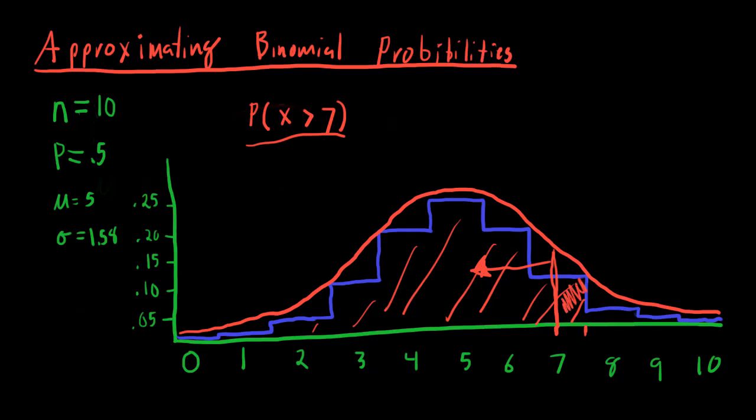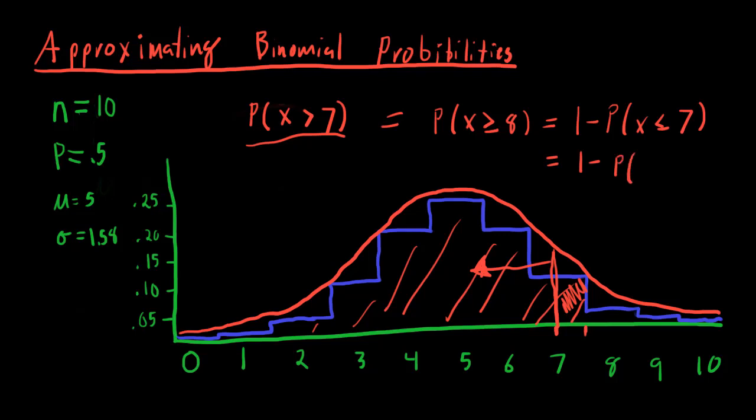So to continue on our example, for probability x is greater than 7, we know that's actually equal to the probability that x is greater than or equal to 8, which is also just equal to 1 minus the probability that x is less than or equal to 7. So using our slight modification, we're just going to try to find what 1 minus the probability that x is less than or equal to 7.5 is, using our normal approximation.